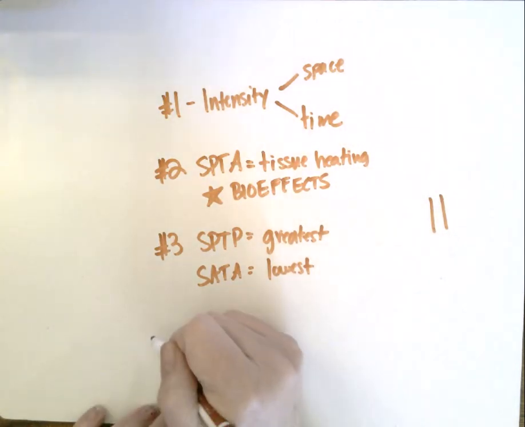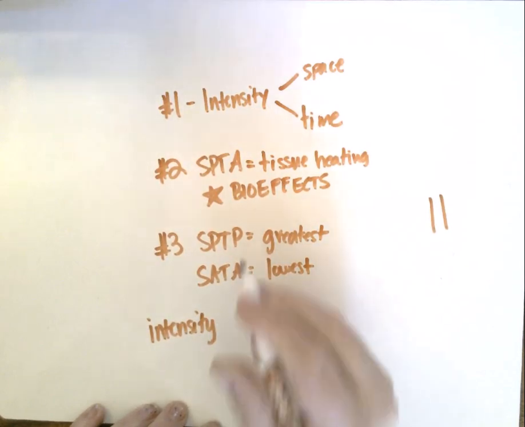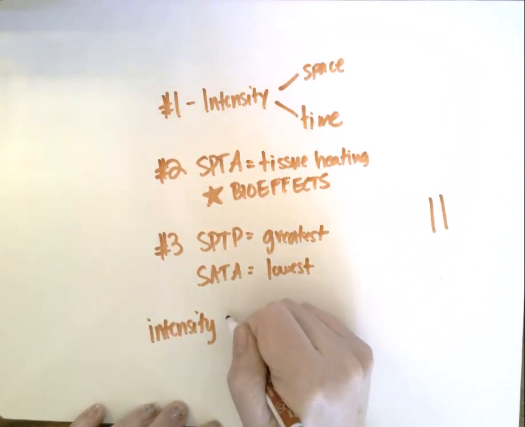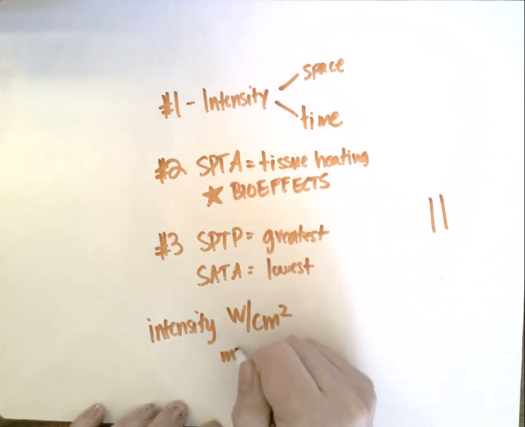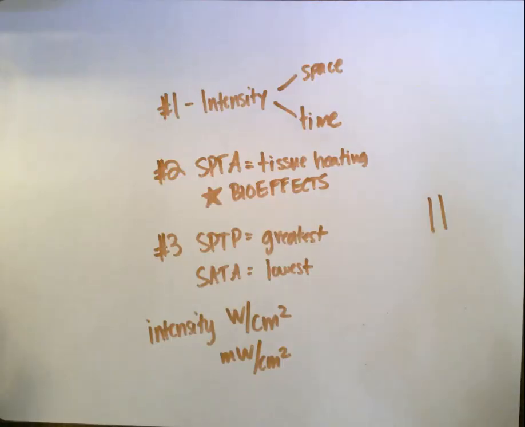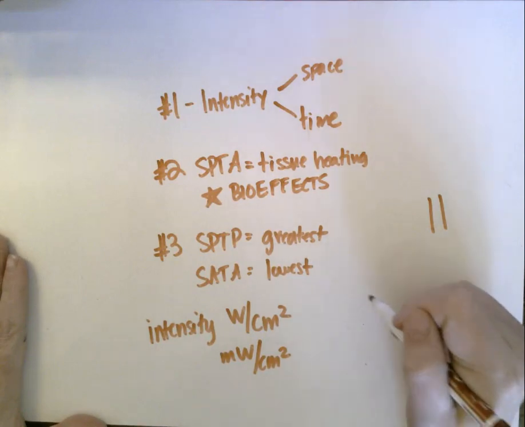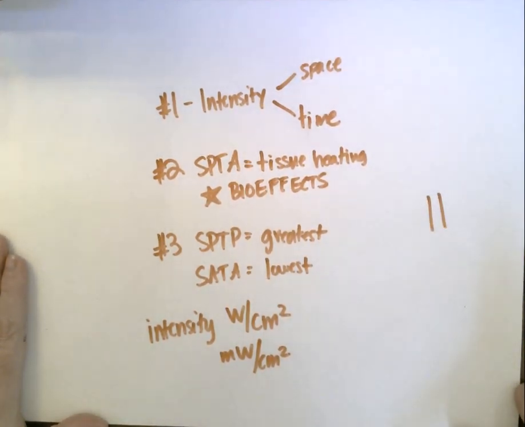First one, the unit for intensity is going to be watts per centimeter squared or milliwatts per centimeter squared. I would say that is a fourth thing you should know. And the fifth thing that I think you should know about intensities is that we have some guidelines that we need to fall under and that we know there are no bioeffects from.